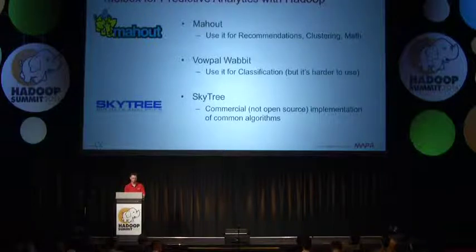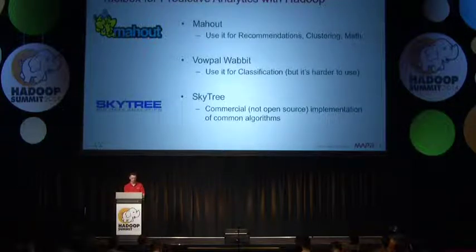Room for improvement. So as a kind of toolbox, what I can recommend there as alternatives if you want: Mahout, typically for recommendations, clustering, math, as we've seen in the previous example. Weka, it's a bit harder to use, in my understanding, for classification.